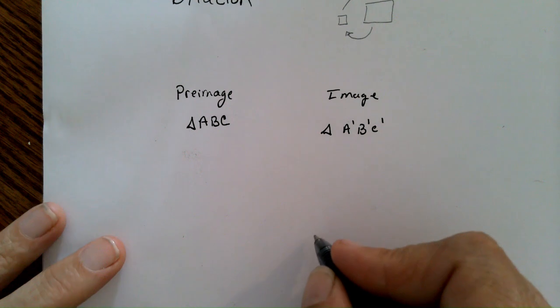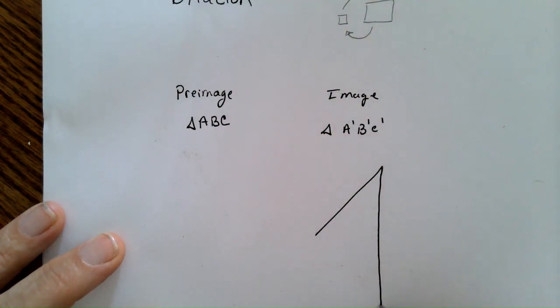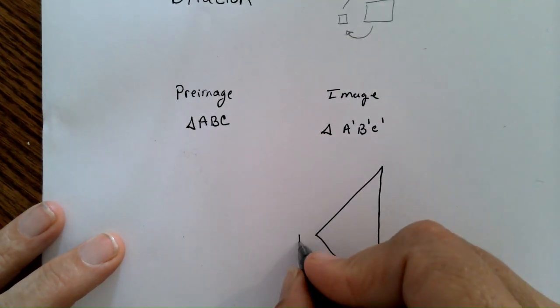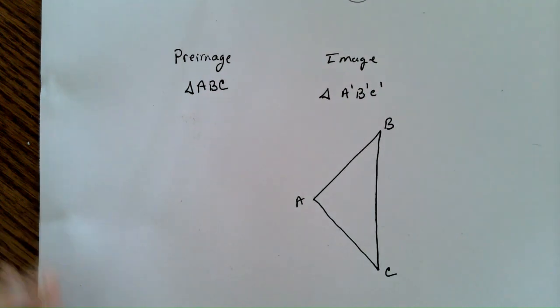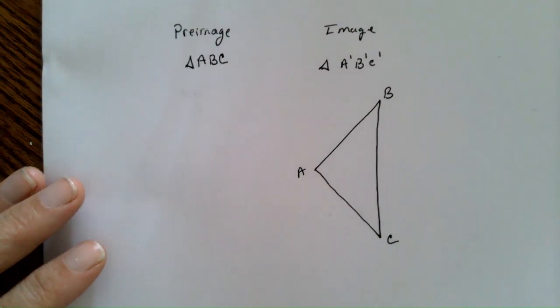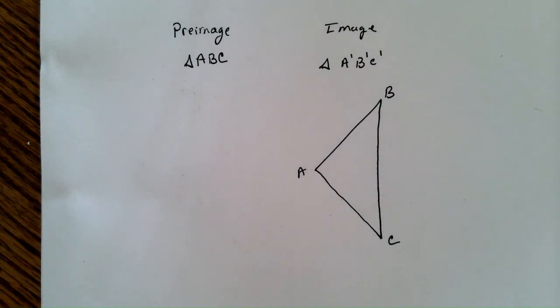Let's just draw a triangle. And I'm going to give us a point P to do our dilation from. We're just doing a rough dilation right now. We're not actually saying what percentage or whatever on this.